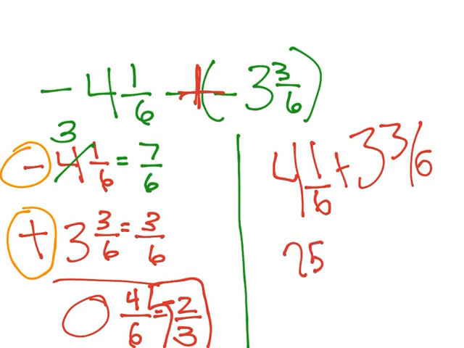Don't forget to make that a negative 4 and 1/6. So 25 over 6 plus negative 21 over 6.